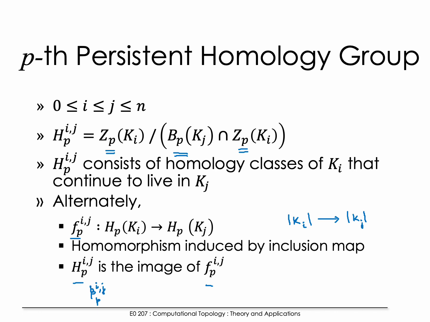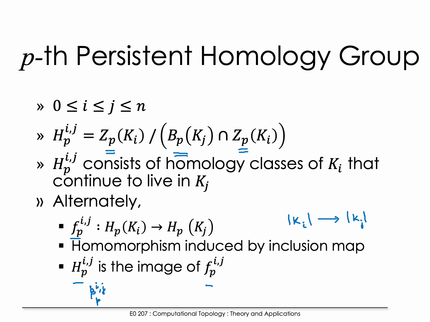So in summary, we have seen an algorithm for computing pth persistent homology, essentially by pairing all the cycles. When you pair all the simplices to represent all the cycles, you essentially have the pth persistent homology group for all ij.